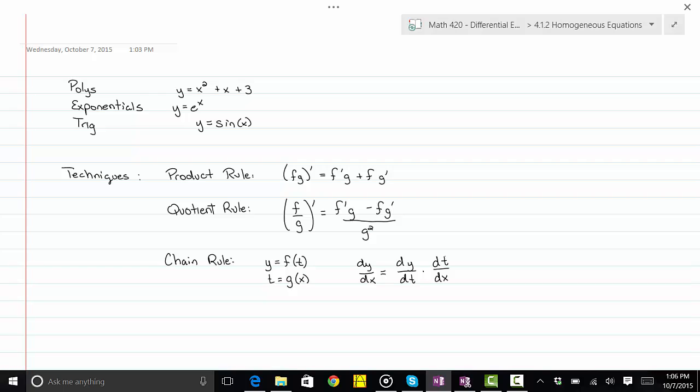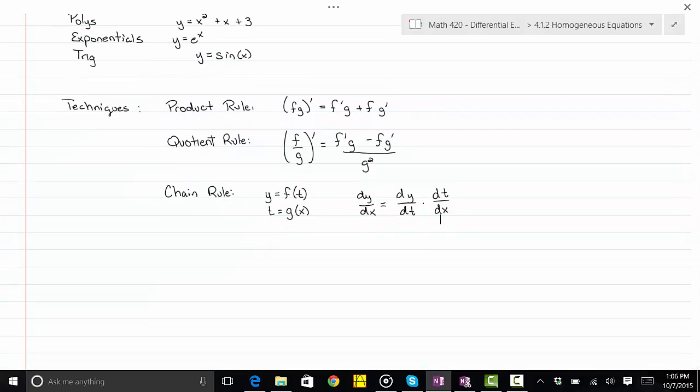A lot of people see this algebraically as, oh, you can cancel the dt's and you get dy over dx. Technically speaking, mathematically, that's not true, but visually, it works out.